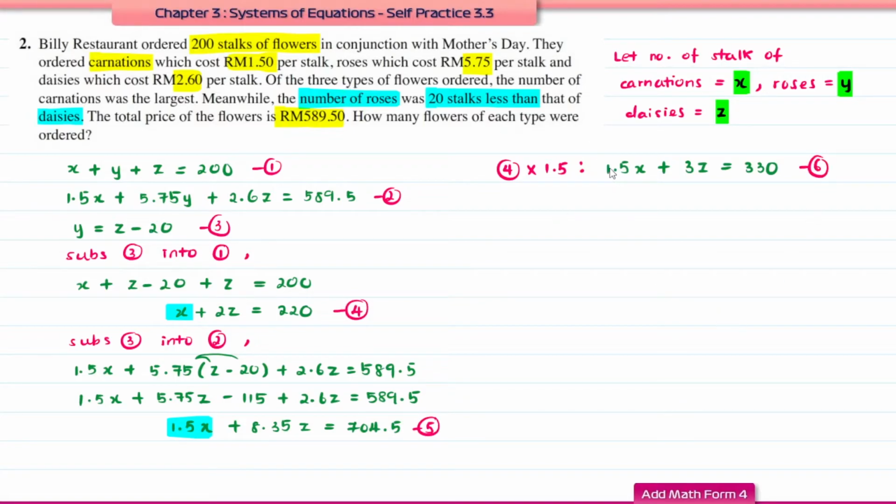So now we already equalized the x, 1.5x and 1.5x for equations 6 and 5. Now to eliminate the x, we're going to use equation 5 minus equation 6.